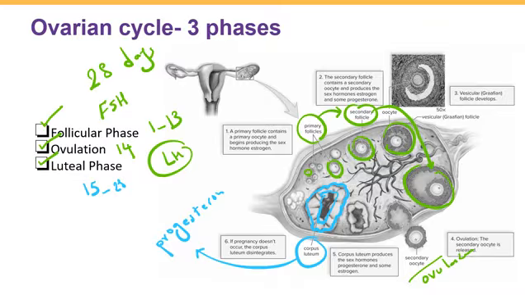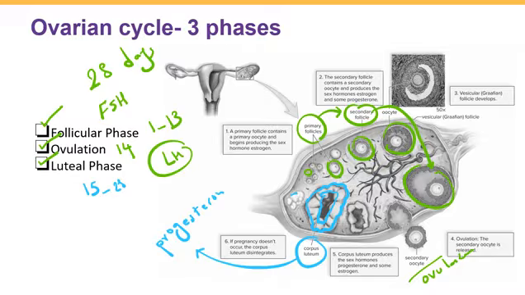The luteal phase is always about 14 days, even if the overall cycle length changes. We said the corpus luteum is a temporary structure. If pregnancy does not occur, the corpus luteum breaks down into the corpus albicans. As you can see here, that is the corpus albicans.